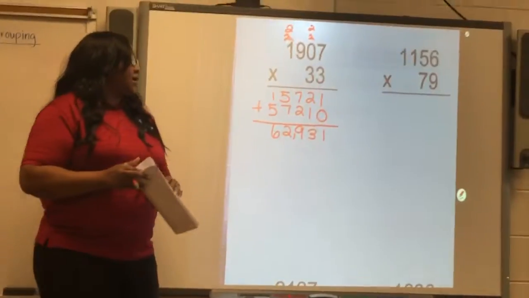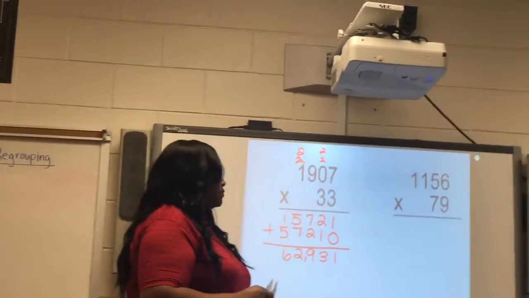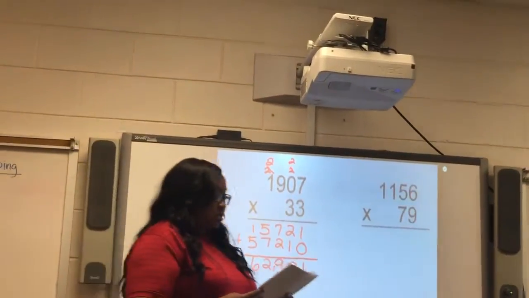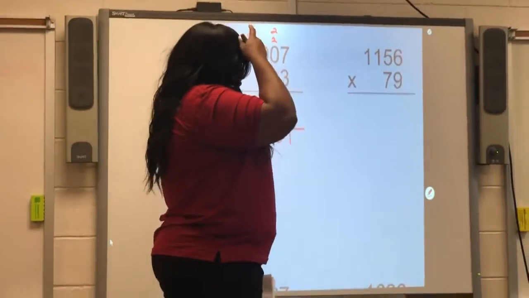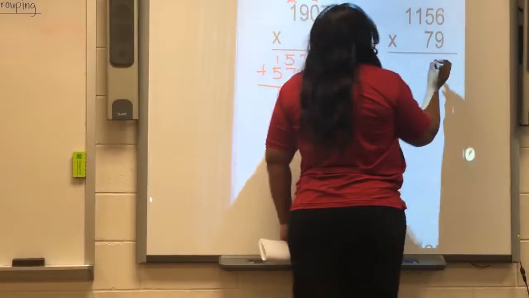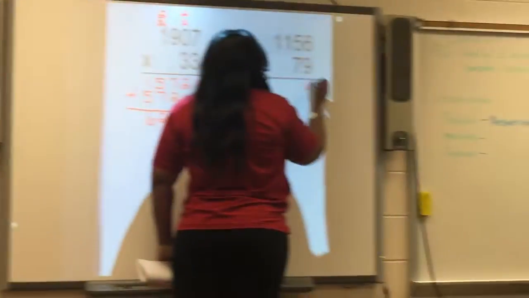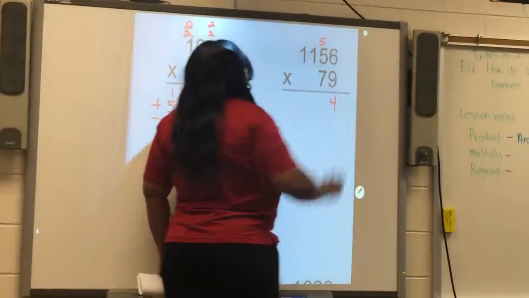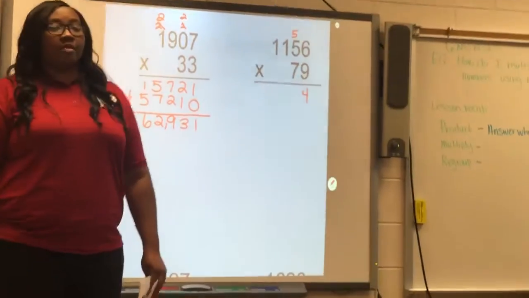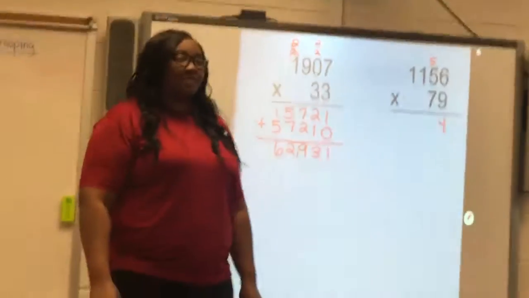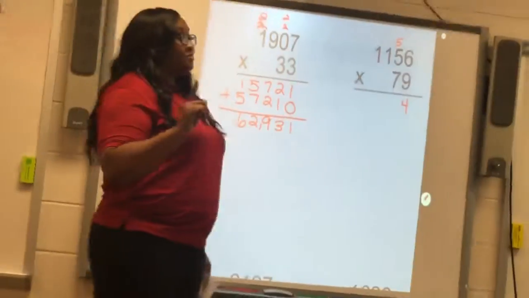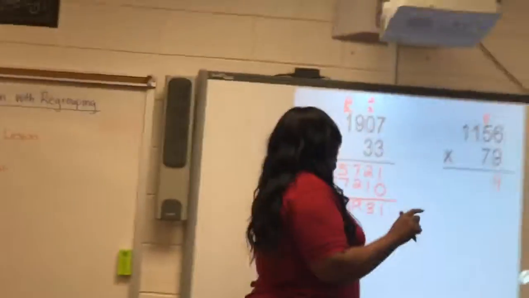1156 times 79. Yes. So we have 6 times 9, which gives us 54. Carry our 5. What about 5 times 9, guys? 45, right, plus 5. 45 plus 5 gives us 50.